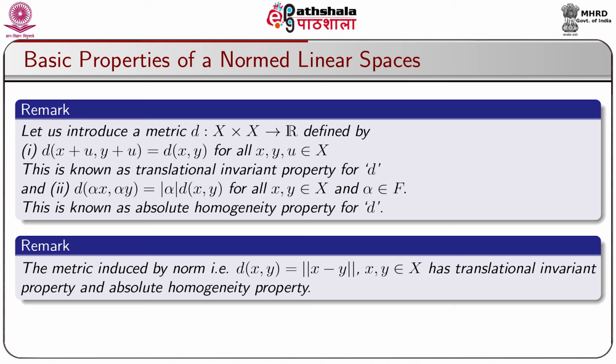And number 2, d of alpha x, alpha y is equal to mod alpha into d of x, y for all x, y belonging to X and alpha belonging to F. This is known as the absolute homogeneity property for d. Now, we have a remark that the metric induced by a norm, that is, d of x, y is equal to the norm of x minus y, x, y belonging to X, has the translational invariance property and the absolute homogeneity property.